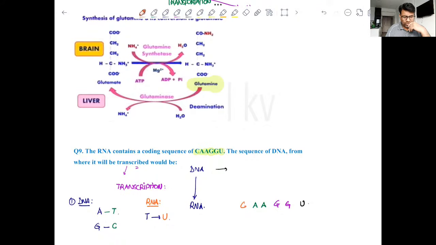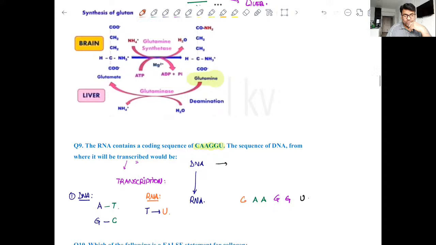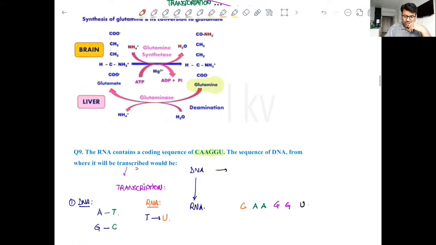So these are the two facts which you need to keep in mind.